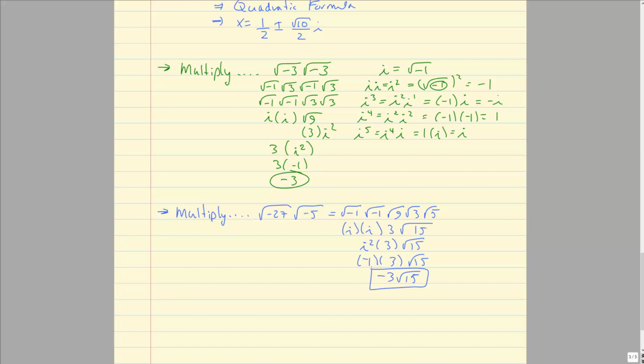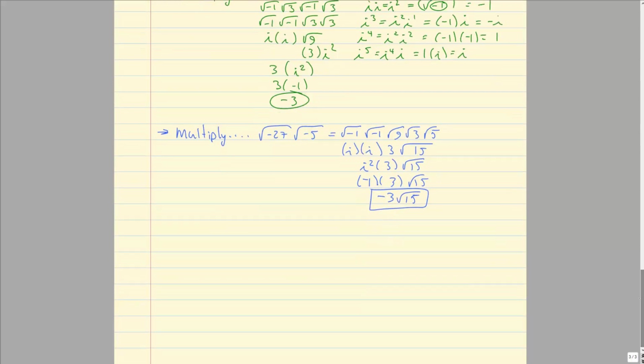We can also do something similar with division. So if we divide here, I could have the square root of negative 405 over the square root of negative 81. Again, I'm going to go ahead and pull out that square root of negative 1 top and bottom.